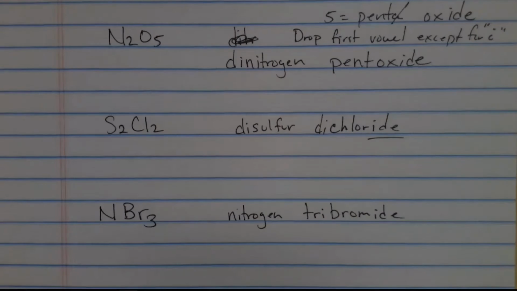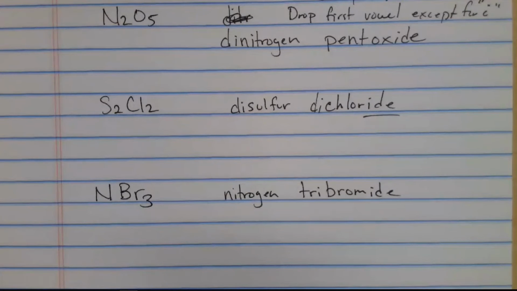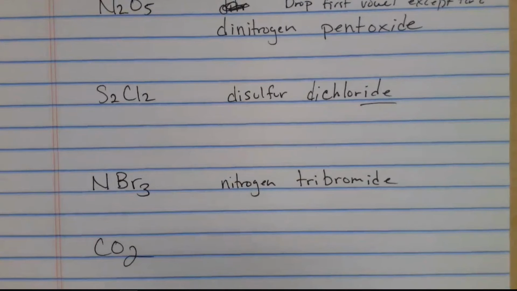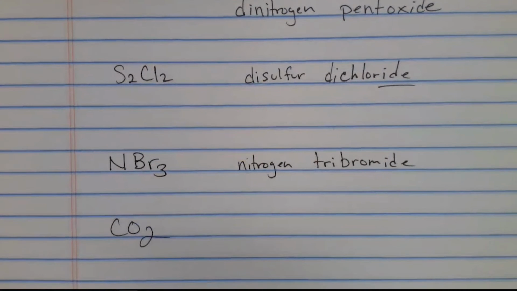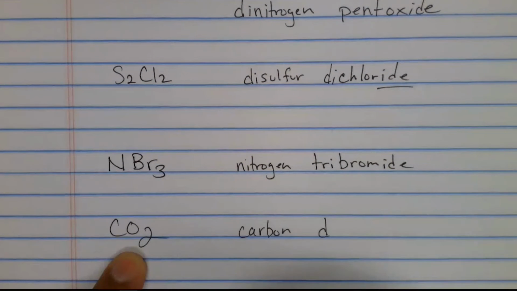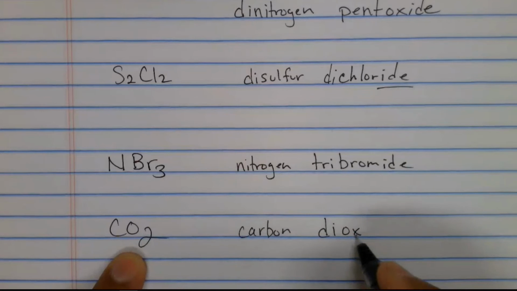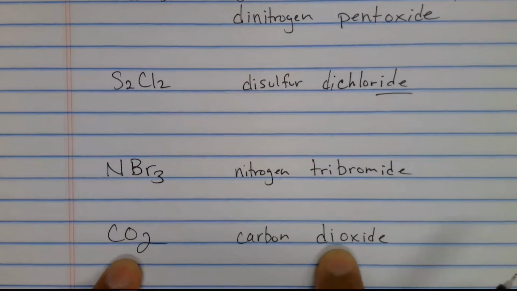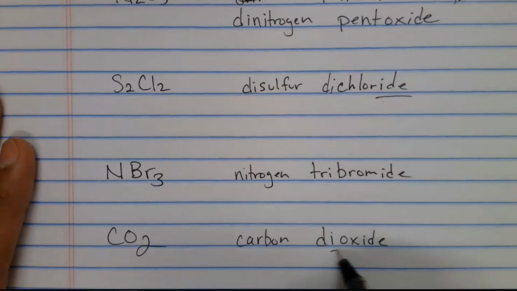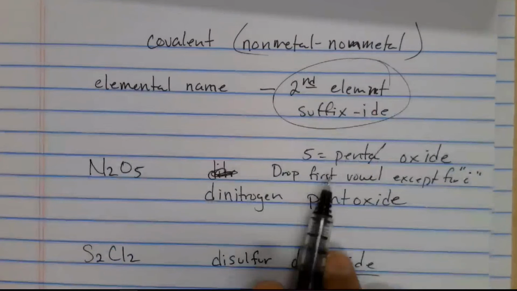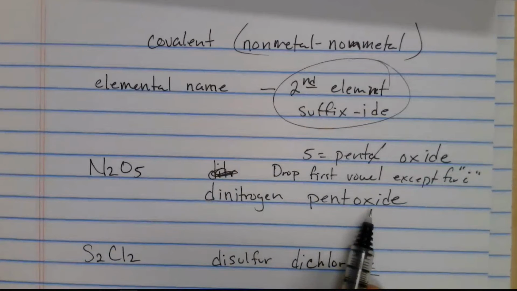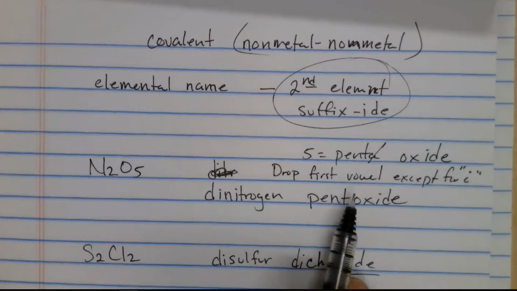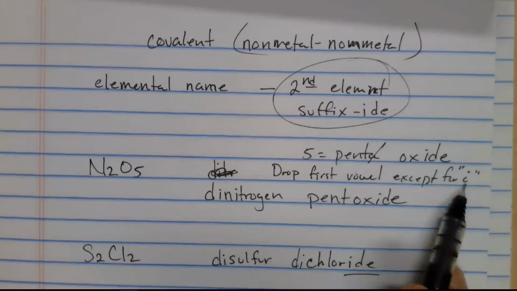Okay, I told you I was going to show you an example. Here's an excellent example. This is one that everybody knows. CO2. Everybody has said this name, but now you know the rules. So this is called carbon dioxide. This is one of those examples I showed you. It's a double vowel. It's an IO, but you go ahead and keep the I's, right? So whenever you have double vowels like pentoxide, you drop that first vowel, but if you have an I, you keep it.